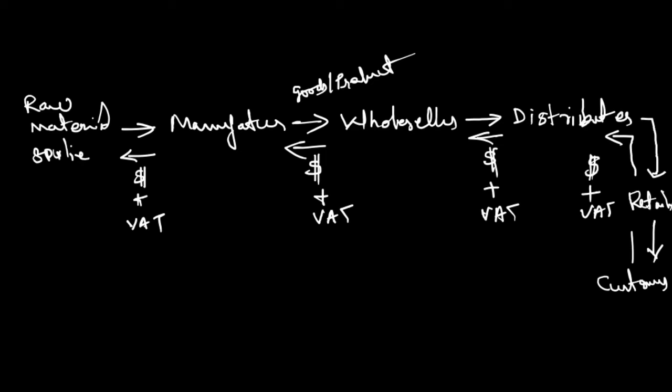The customer will pay the retailer, and he is entitled to pay the whole tax. So at the end of the day, the burden will end up on the shoulders of the customer. And you know that VAT is very transparent in nature, right?